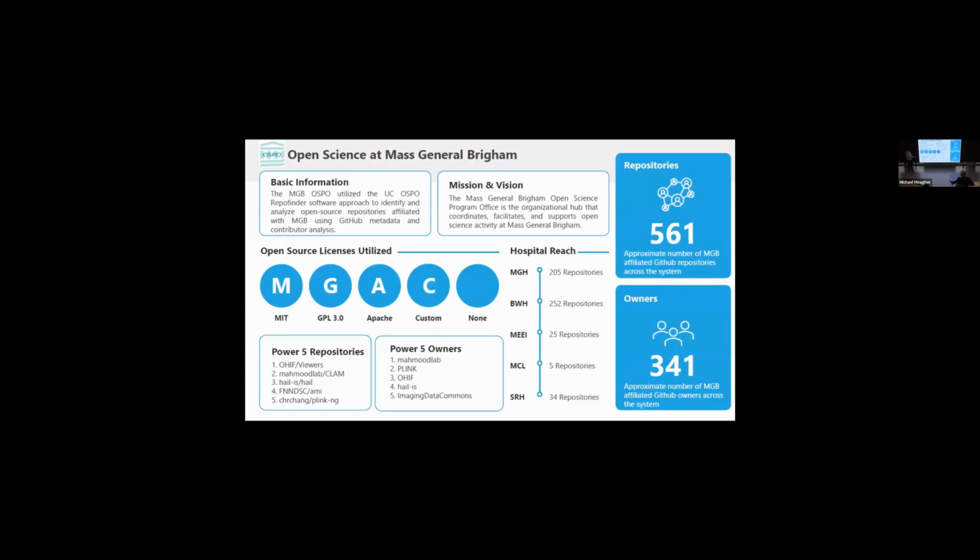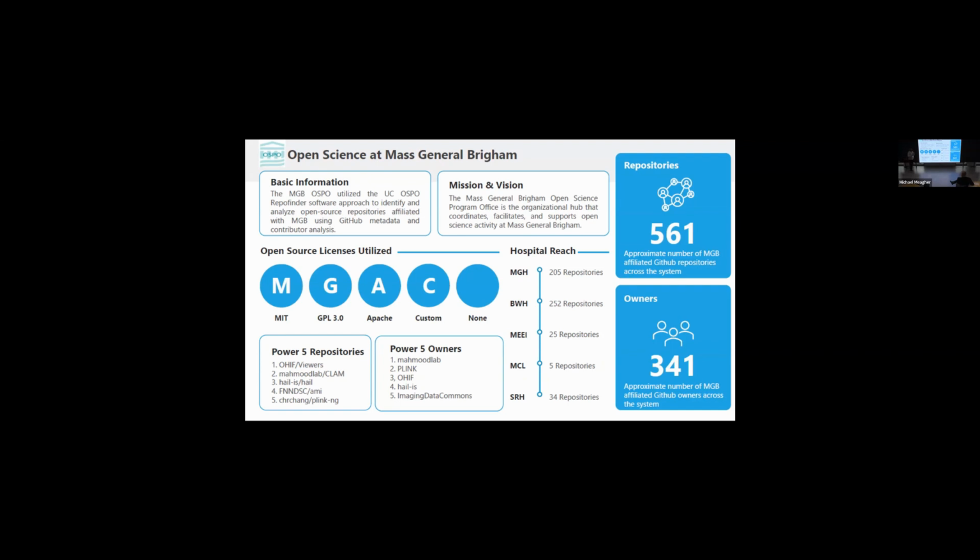But the problem was, it was the wild, wild west. We didn't really know where these projects were, whether they were on GitHub, or whether researchers were even compliant. So my next step, after establishing this need, which has a very high risk component for the system in terms of losing funding, was to do an assessment of how big the reach was throughout the system.